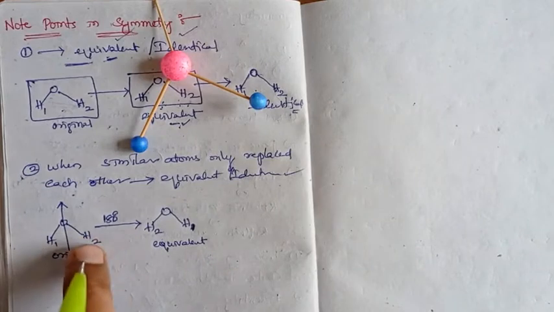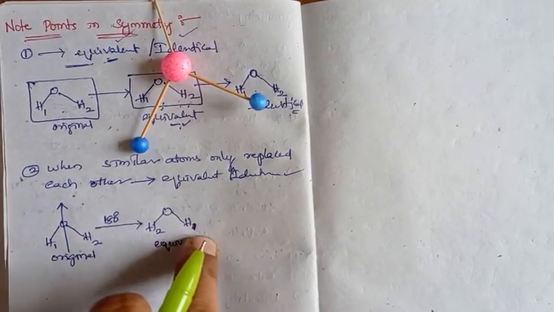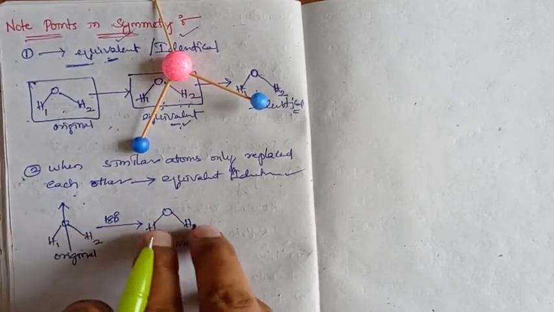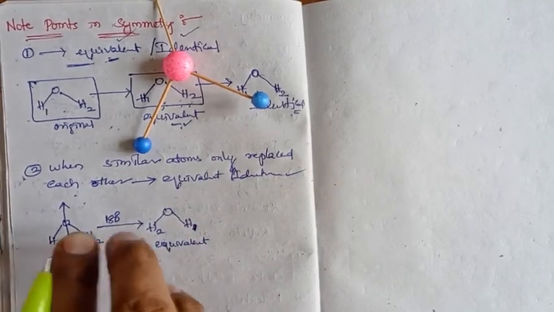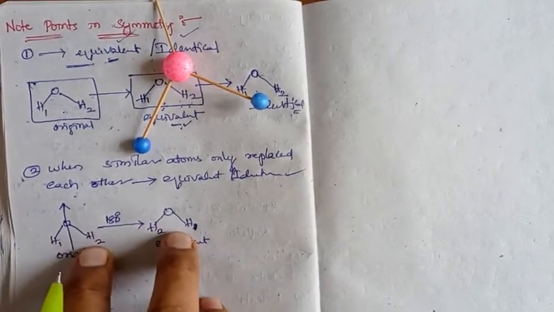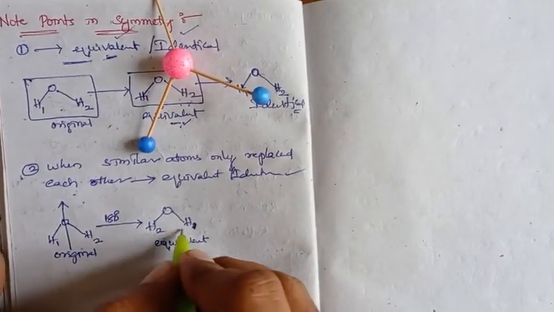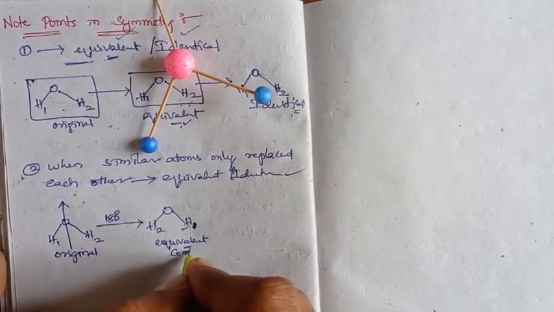But the change we can observe is that the labeled hydrogens have exchanged their positions. Without labeling, they would be 100% equal, but with the labeling they have different configurations. So it is termed an equivalent configuration.